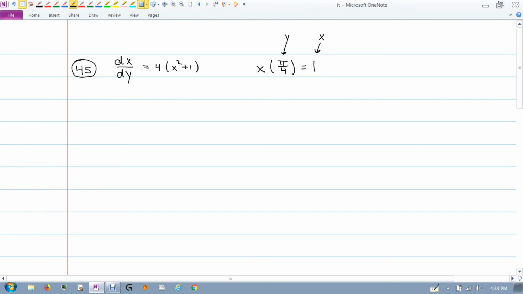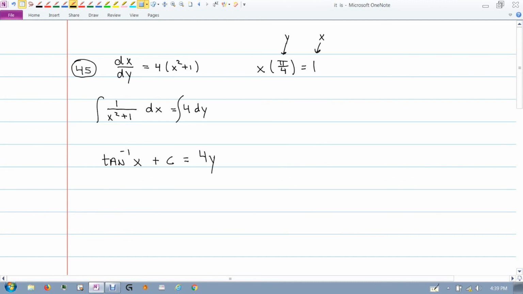So this looks like I'm going to divide both sides by x squared plus 1, multiply both sides by dy, and integrate. You should recognize this left side as being arctangent of x plus some constant must equal 4y.